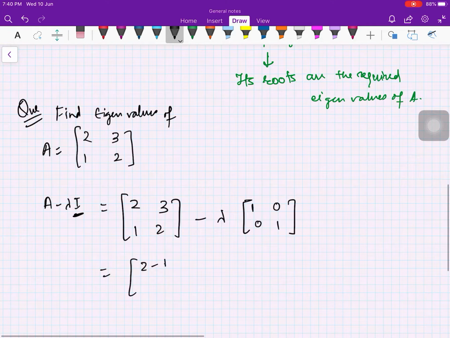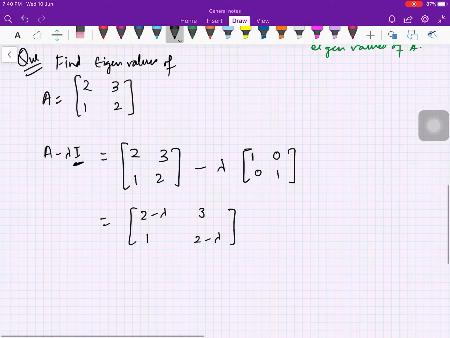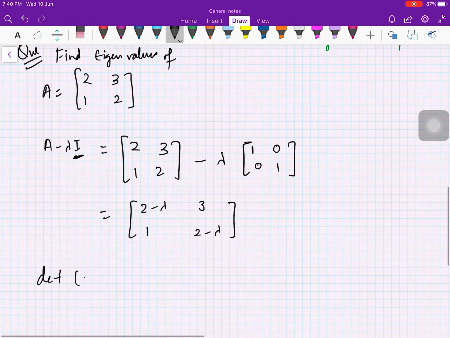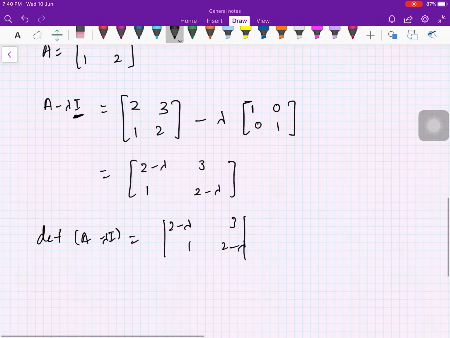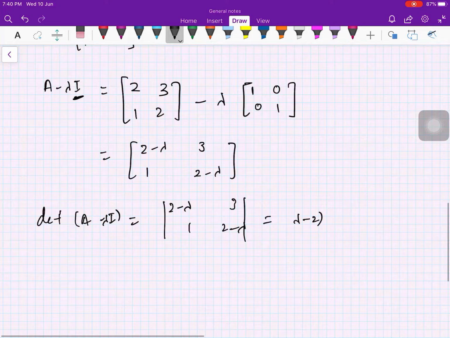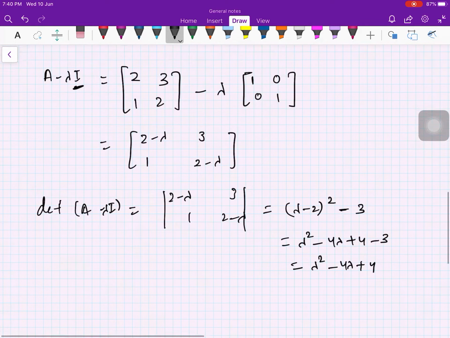I write A minus lambda I, which is [2 minus lambda, 3; 1, 2 minus lambda]. Now I want the determinant of A minus lambda I, that is (2 minus lambda) squared minus 3. So this is lambda squared minus 4 lambda plus 4 minus 3, which is lambda squared minus 4 lambda plus 1.